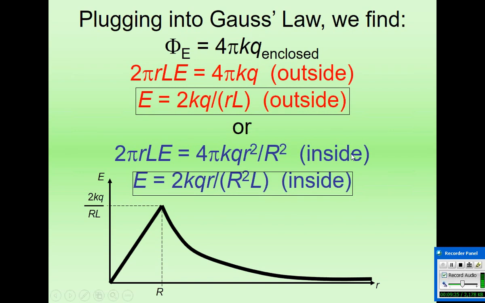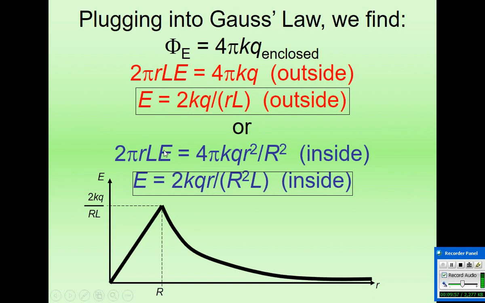We also can determine it for inside the cylinder. This takes just a little bit more algebra, but not just a cancellation, really. On the left-hand side, 2 pi times little r times L times E. Same expression for the electric flux. It's equal to 4 times pi times K times the enclosed charge, which we said earlier was the total charge times little r squared over capital R squared.